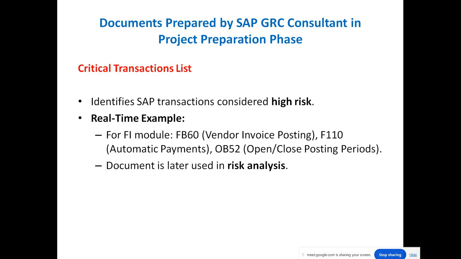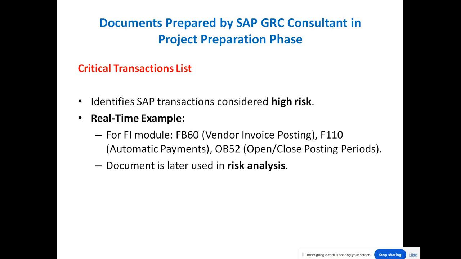Now, the critical transaction list. I told you, critical transaction in the sense that it can negatively impact the company. It is high risk. Identifying SAP transactions considered high risk, very high risk. For example, for the FI module, FB60, vendor invoice posting. This is very important and a critical T code for the company.